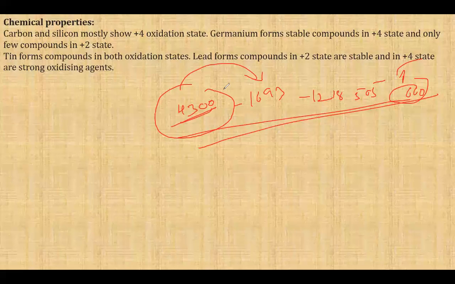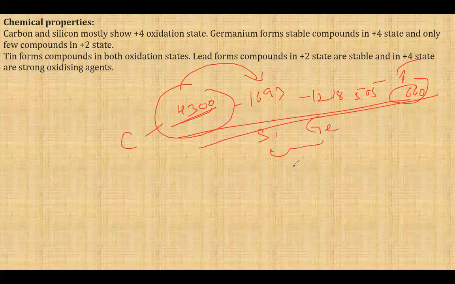This group has carbon, which is purely a non-metal, and in silicon the non-metallic nature slightly starts to decrease. Silicon and germanium are metalloids, familiarly used in physics as semiconductors. After germanium, tin, Sn, and Pb are metals.